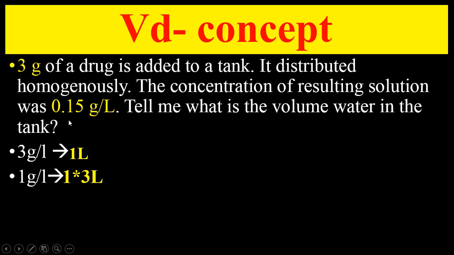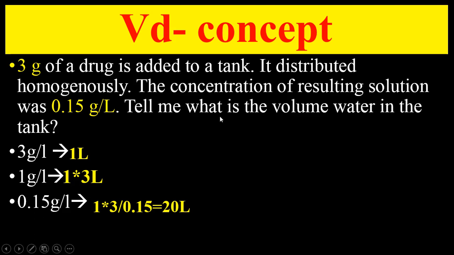And if the concentration is 0.5 gram per liter, then it must have distributed among a higher volume. So how can we get the higher volume? By dividing.